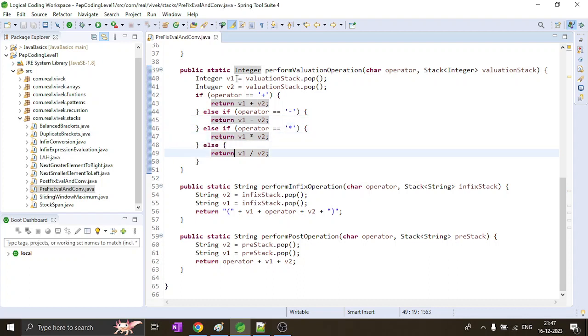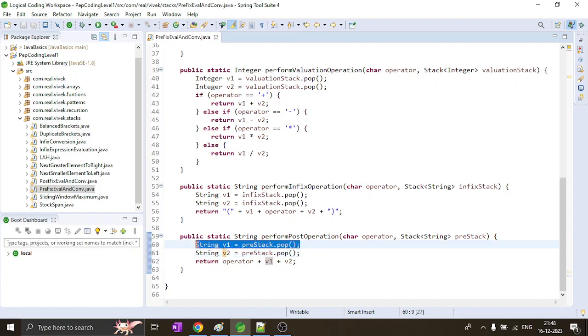We forgot about that. So for the infix operation as well, V1 and then V2. For the postfix operation, V1 and then V2. So the first value which gets popped is V1, right? Because we are iterating from the last element. Okay. And we'll have the post tag here, and I messed up the spelling of post.